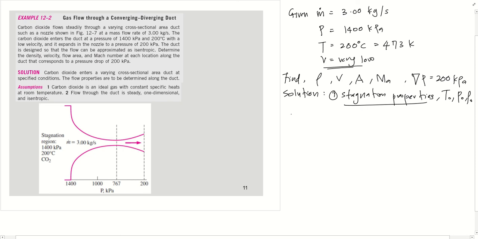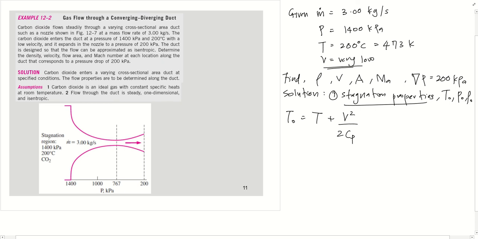From the previous slide, the stagnation temperature T naught equals the static temperature plus the dynamic temperature, which is V2 squared over 2Cp.